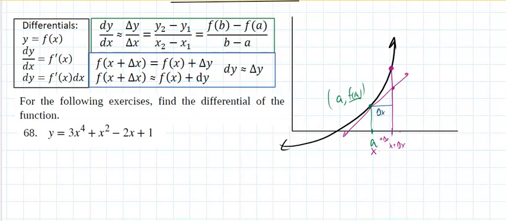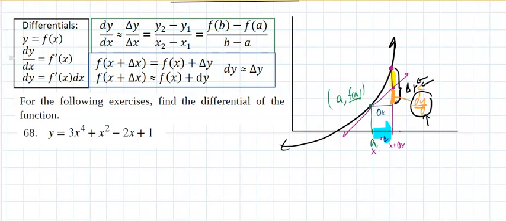If I move delta x, the change in y is right there. But, and I know we didn't talk about this before, but now we are. Do you see this right here? That's dy. This is the approximation of this. We are off by that much, depending on how far you move away from x. The further you move from x, the bigger the error is. But we're going to take this as an answer instead of this. This is differentials. This is the actual, the exact.